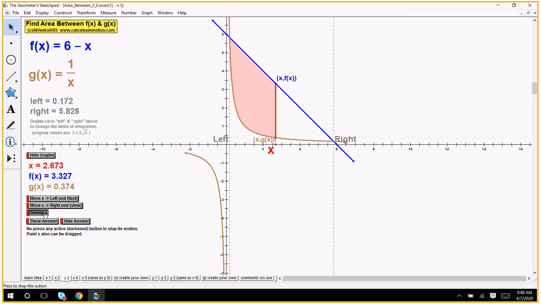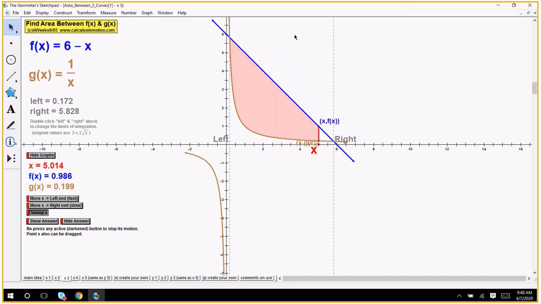But you see that dark red line right here? That is called a rectangle, and it's very thin. The thinner you get that dark red line, the more accurate your area is. I'll show you a little bit of that in just a second.